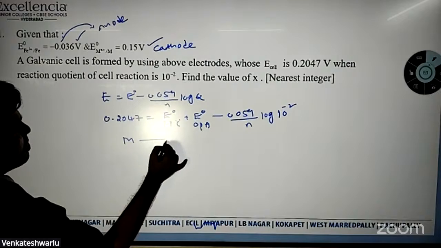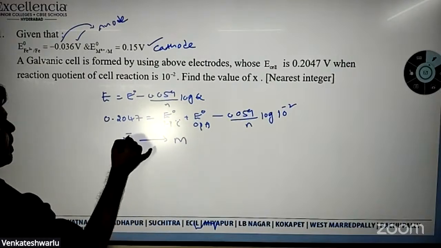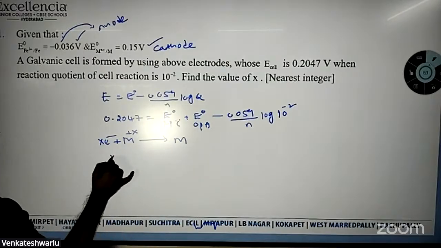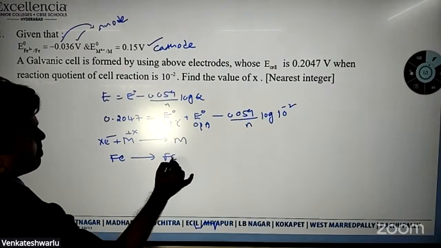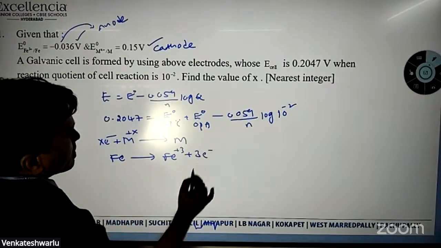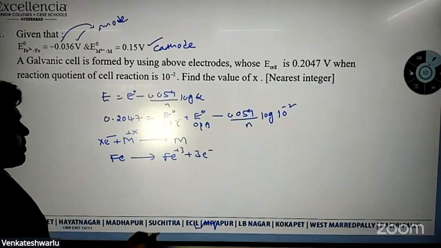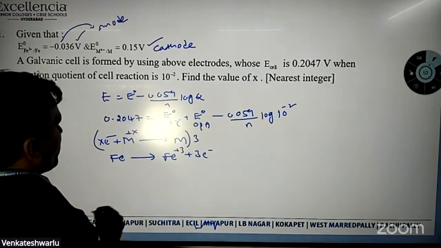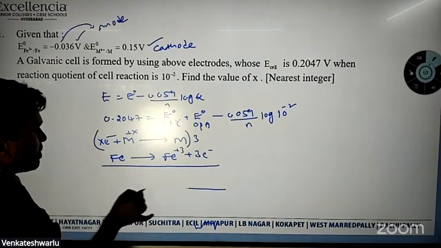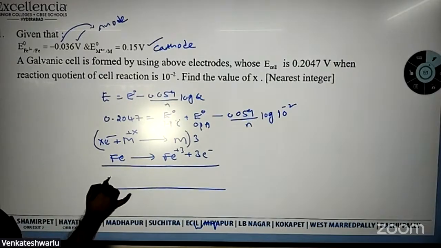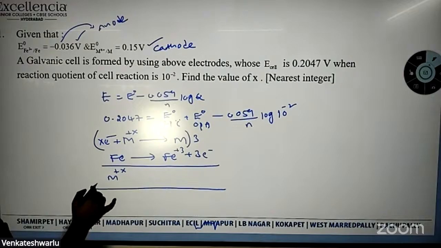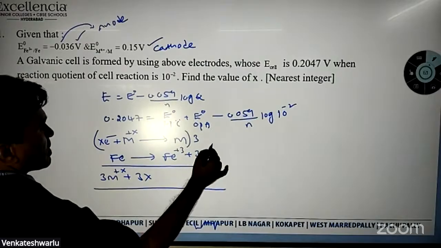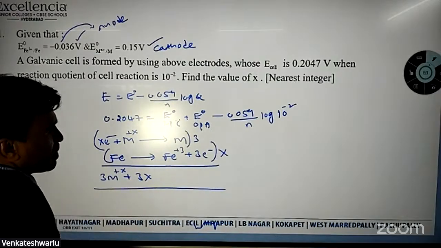M plus X plus X electrons gives rise to M, and Fe gives rise to Fe plus 3 plus 3 electrons. Now in both the equations the electrons should be equal, that's why they should be multiplied accordingly. Now, the combined equation is M plus X into 3, plus 3X electrons, and this has to be multiplied with X.